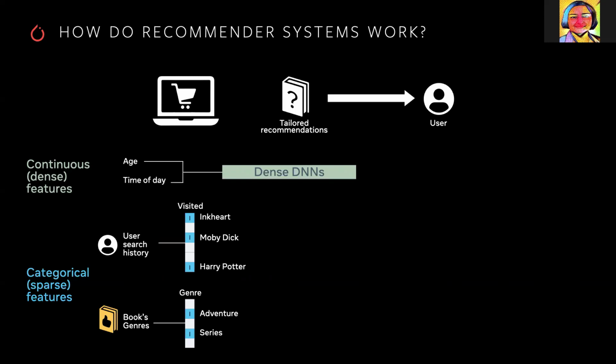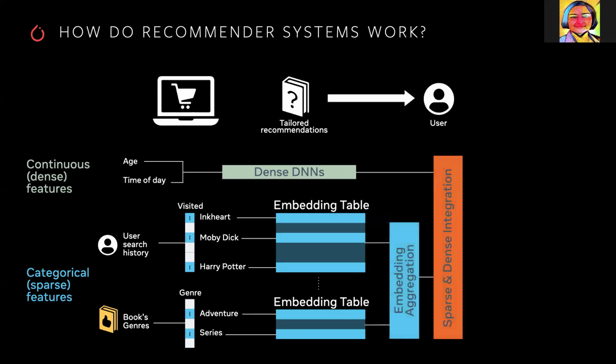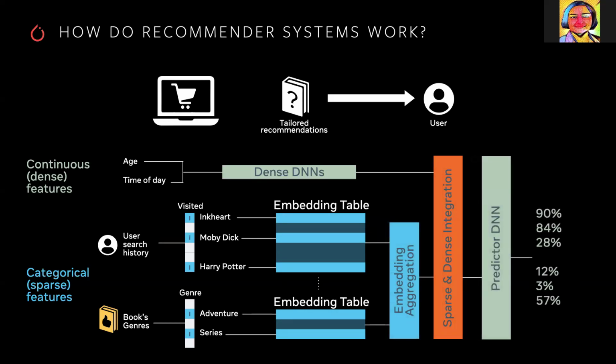And the sparse features are for a range of yes and no type of questions which are related to the user or to the items being recommended. Now these sparse features are encoded into embedding tables which are then integrated with the dense features to get to a prediction with a percentage score for each of the items. And finally, we create a ranked list of recommendations of what a user may like.